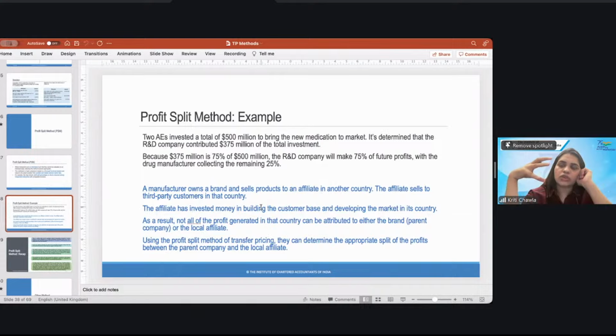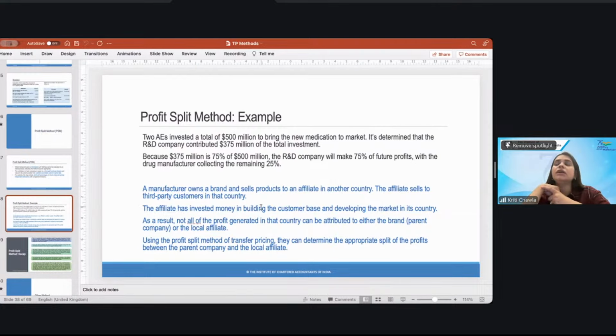Obviously, when you talk about a new medication that is coming into the market, there is a lot of research and development that goes into coming up with a new medication, or coming up with a new formula. And then there are other aspects also. These other aspects could be manufacturing, marketing, distribution, etc. So these two AEs invested a total of $500 million to come up with a new medication.